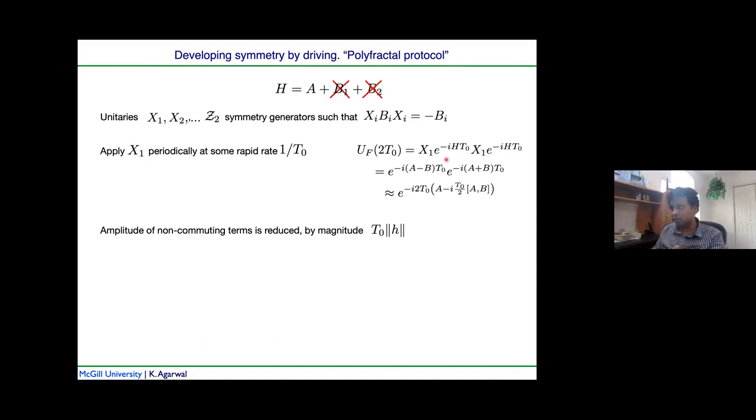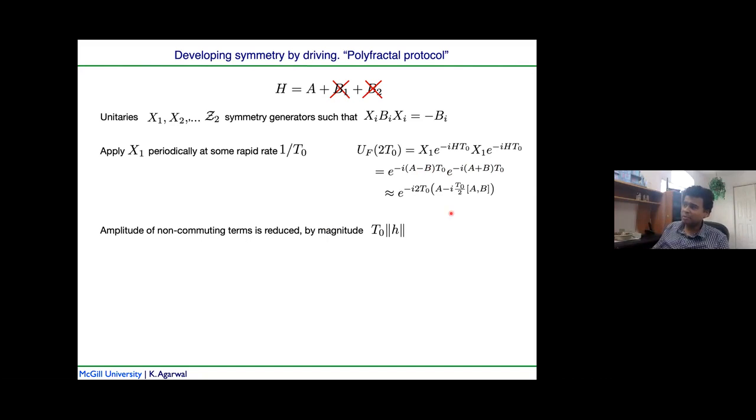Again, I let it evolve with its parent Hamiltonian H for another time t0, and then again I hit it with x1. If you expand this, you can see that half the time the system is evolving with the Hamiltonian A plus B, and the other half of the time the system is evolving with the Hamiltonian A minus B. So on average, B cancels out if t0 is sufficiently small.